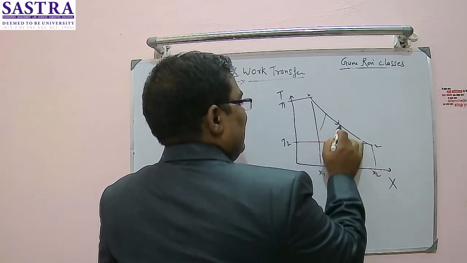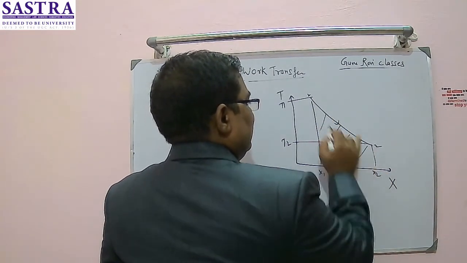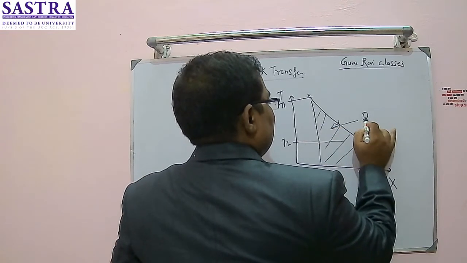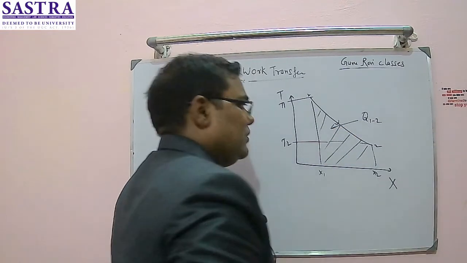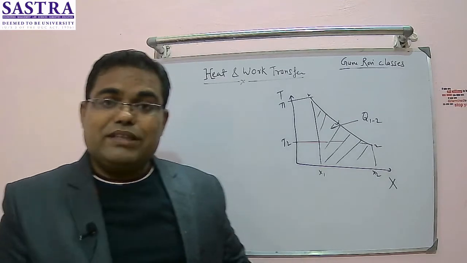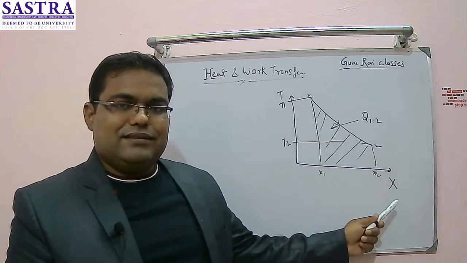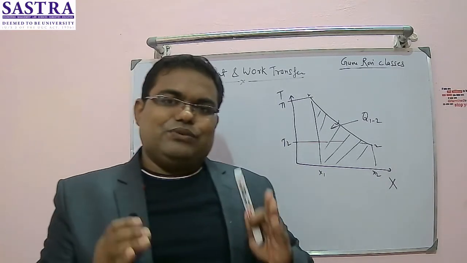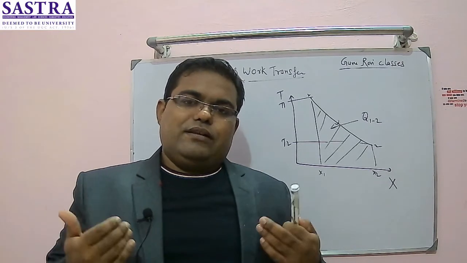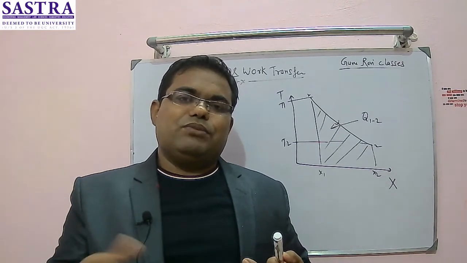The area under this curve will give us the heat transfer, the area under the curve on the T-X plot. At present, you can take this as X. When we cover the second law of thermodynamics, you will come to know what X is.